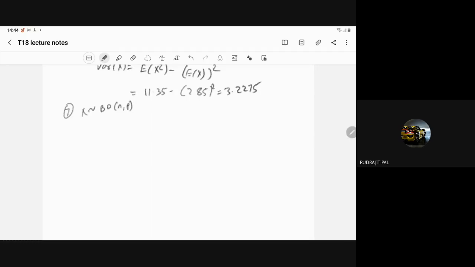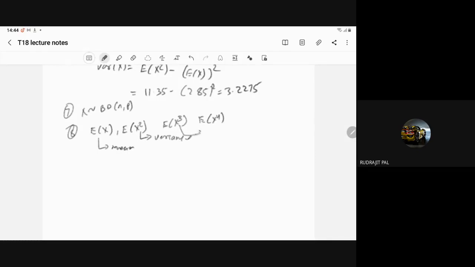Before that, I will do question number 8. You have seen we have computed E(X) and E(X square). It means we have computed the mean, and from here we have computed the variance. So we have more expectations also.